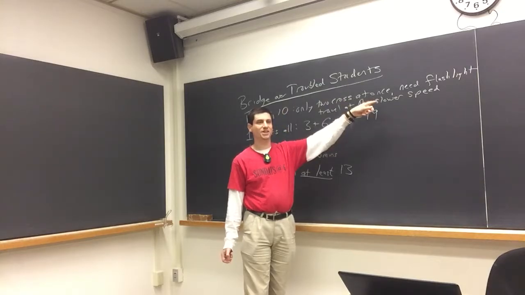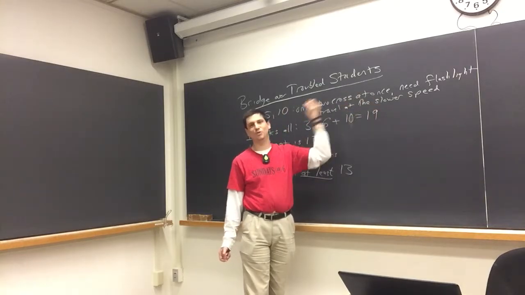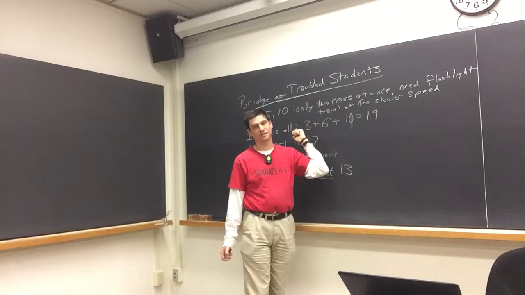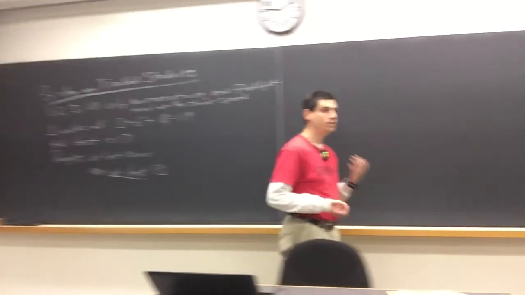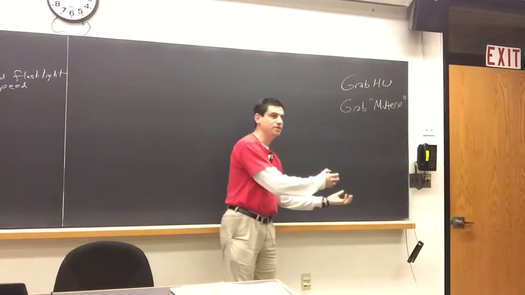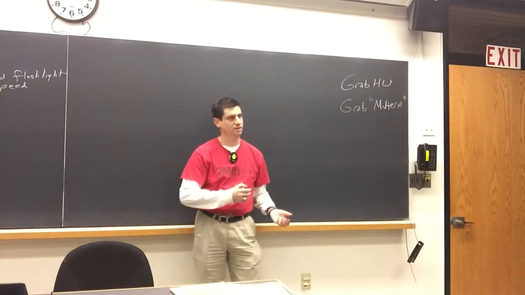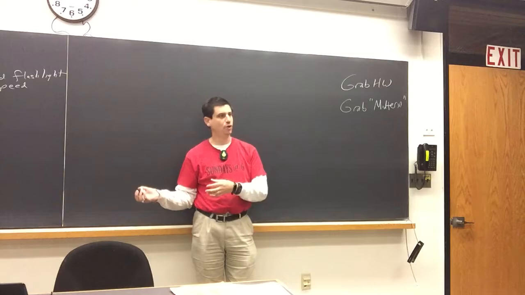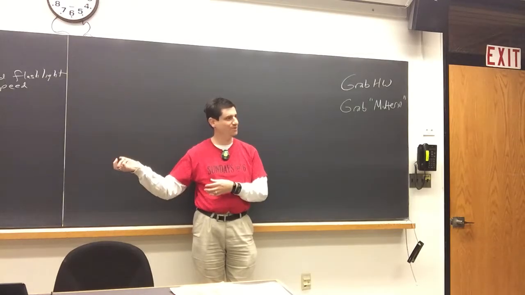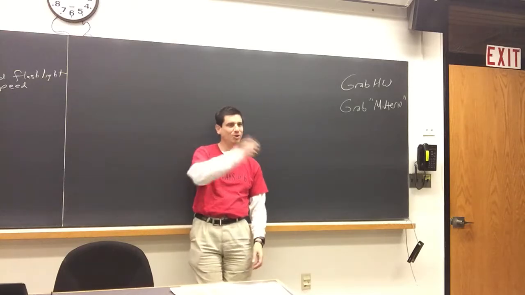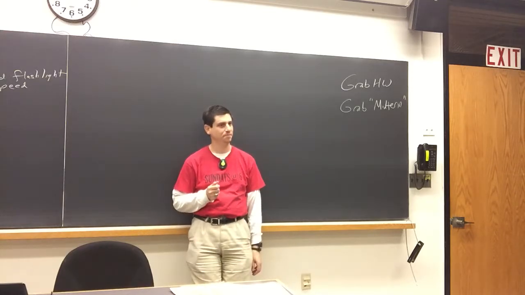If one is there, and then one comes back with a flashlight, and bad people go over, then one's on the wrong side. So it seems reasonable that we would want to send bad people over together, and then have the fast person return with the flashlight. But if the fast person returns with the flashlight, then when the bad people go over, the flashlight's on the wrong side. So what would we do?